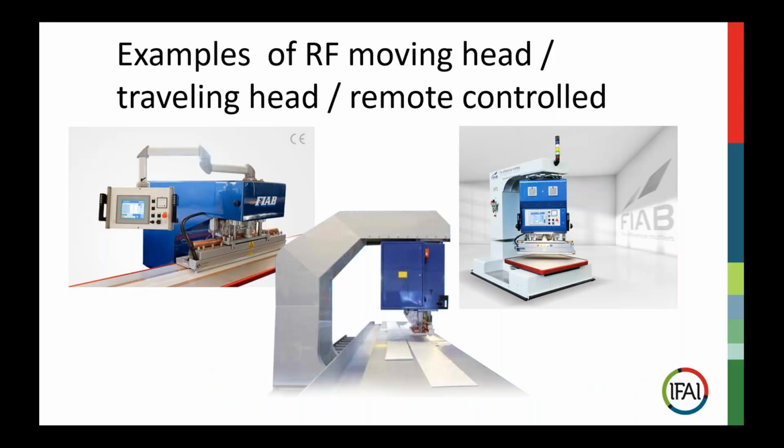There's even more. These are examples of traveling head RF welders. And you may be familiar with the blue color and the long tables associated with these machines. So these machines help to weld applications such as billboards, large tensile structures, liners, and tents.